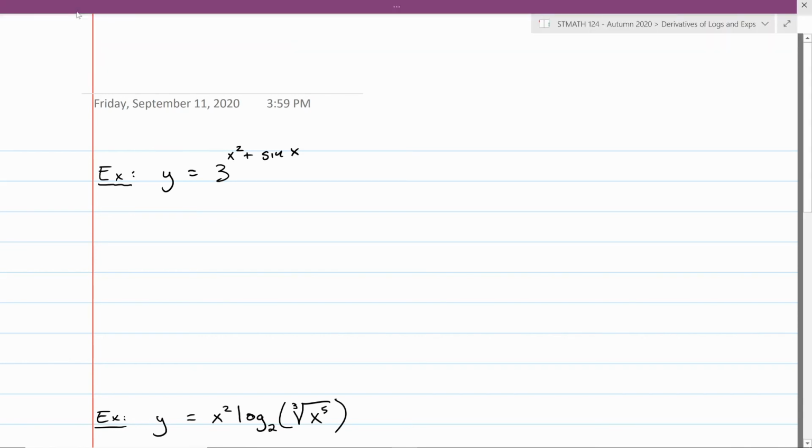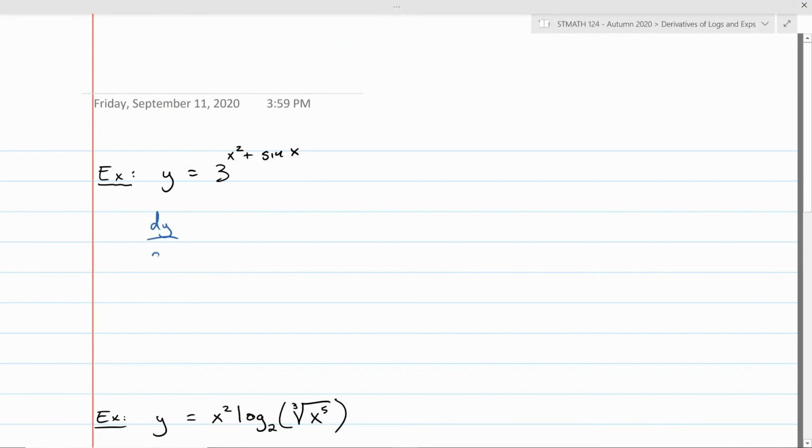So for example, if I want to differentiate the function y equals 3 to the x squared plus sine of x, the base is 3 here. The rule says it'll be natural log of 3, and then times that same exponential function, 3 to the x squared plus sine of x. But the exponent this time is a whole function, so you have to use the chain rule and multiply times the derivative of that inside function.